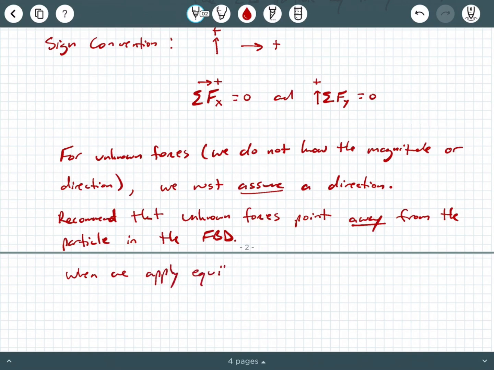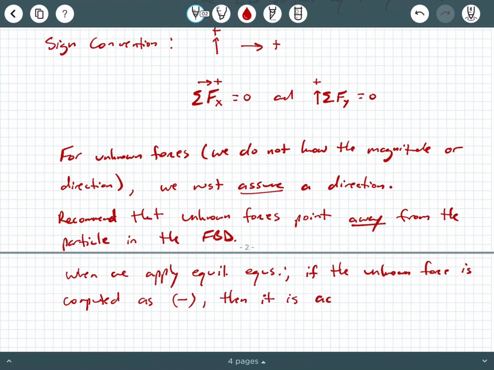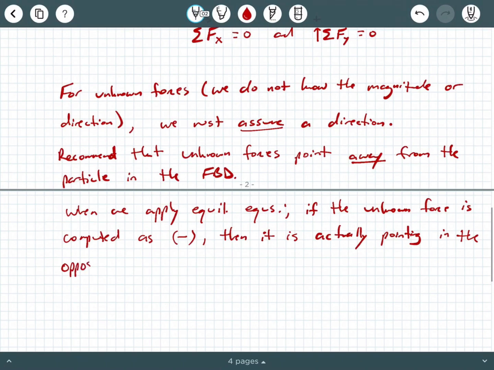And then what'll happen is, when we apply the equilibrium equations, if the unknown force is computed as negative, then it is actually pointing in the opposite direction of what is assumed.